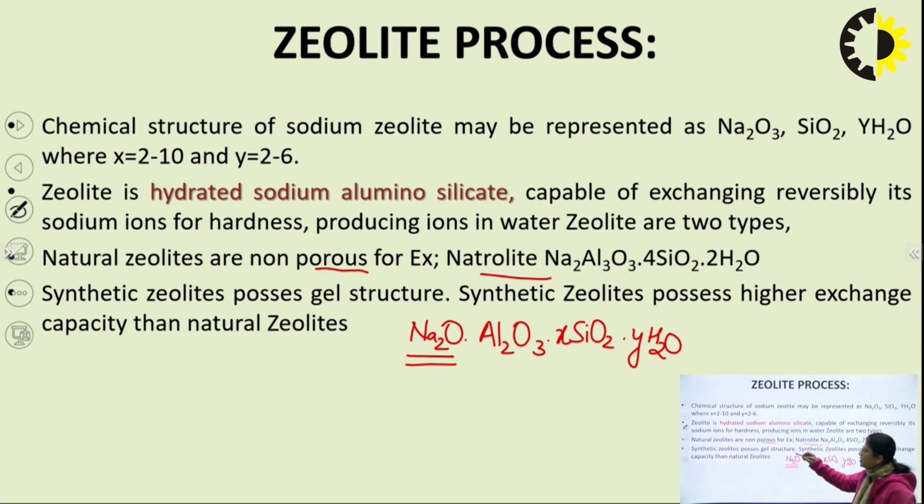One is the natural zeolites found in nature, and the second is the synthetic zeolites which we have synthesized in the lab. These synthesized zeolites possess a gel-like structure and a higher exchange capacity than the natural zeolites.